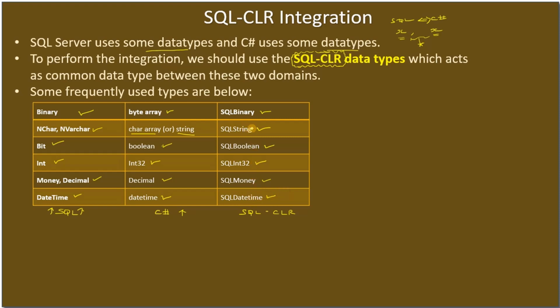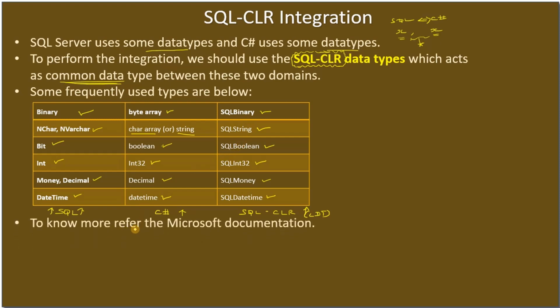And if you look at the common data type, right? That's what we are talking about, and this is the common data type, CDT. All common data types, if you see, are prefixed with SQL: SQL binary, SQL string, like that.